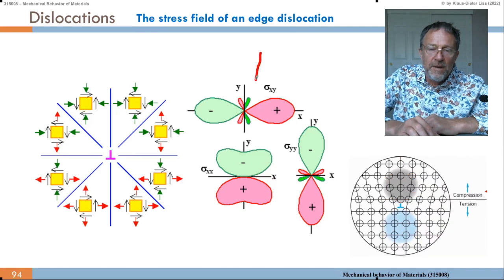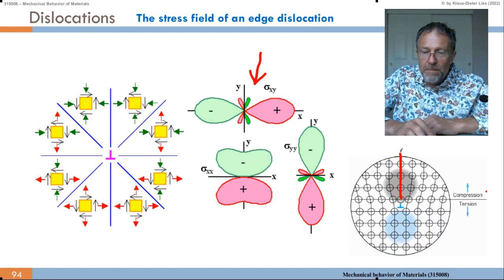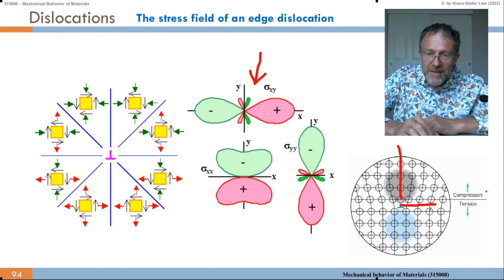Now let's look to the shear, so the sigma xy. Sigma xy, of course, if I introduce a plane here, and let's say I look to this location along this line here, then I have a shear stress. Here, these atoms, they get displaced to the right, and those atoms, they are closer to the left.